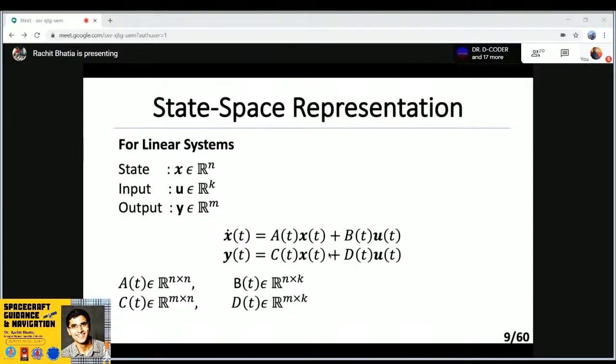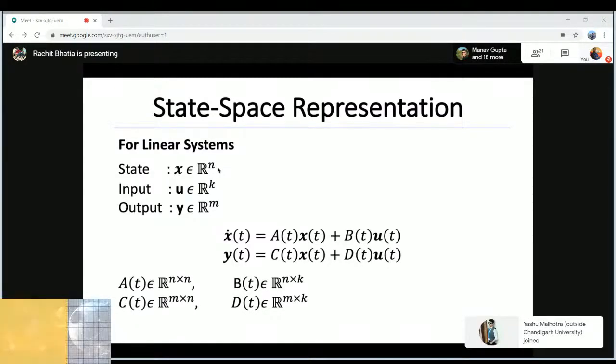If you have a linear system and you have an n cross 1 or some n-dimensional state vector, similarly a k-dimensional input vector and an m-dimensional output vector, then the dynamics of the system can be written in terms of state and input as follows.